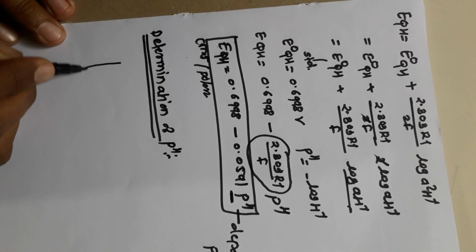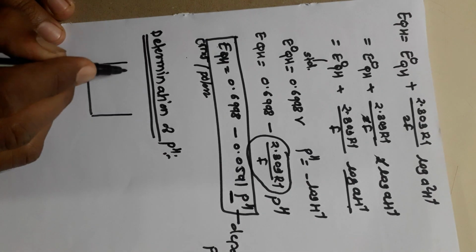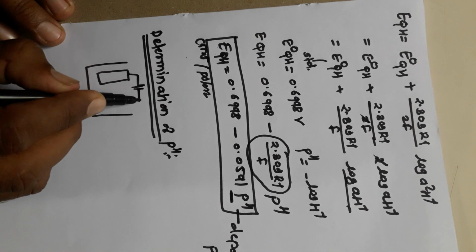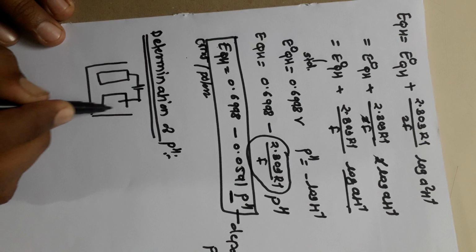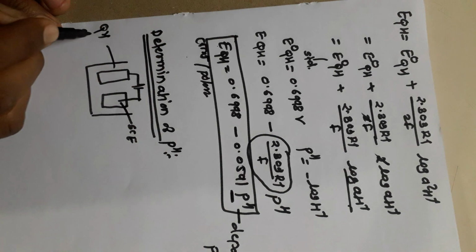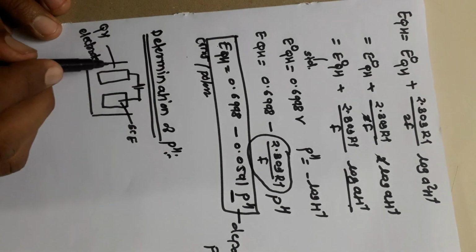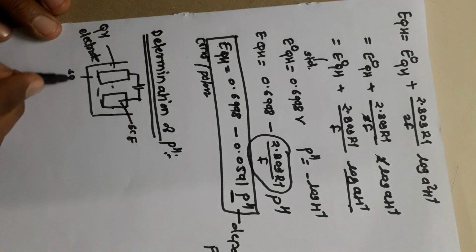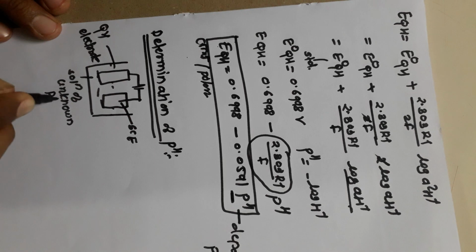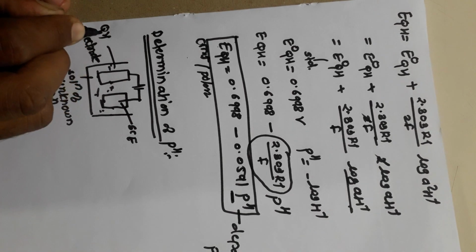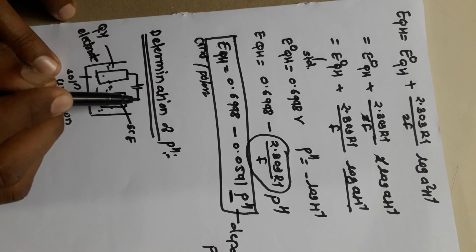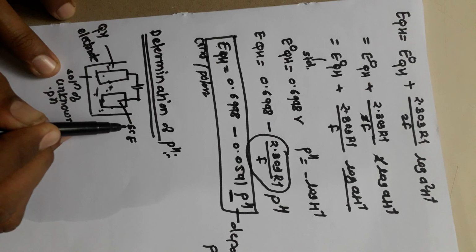Diagrammatically, this is the quinhydrone electrode, and it is coupled with the reference electrode, the saturated calomel electrode. This is the solution of unknown pH.